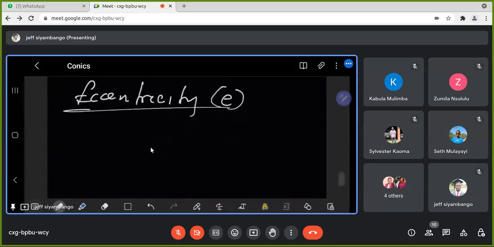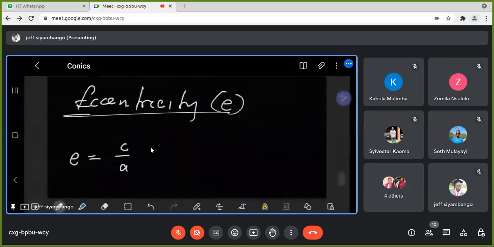Remember what c and a are, so you just want to remember exactly what they are. We saw last time that if you're dealing with an ellipse, then b squared is given by a squared minus c squared.